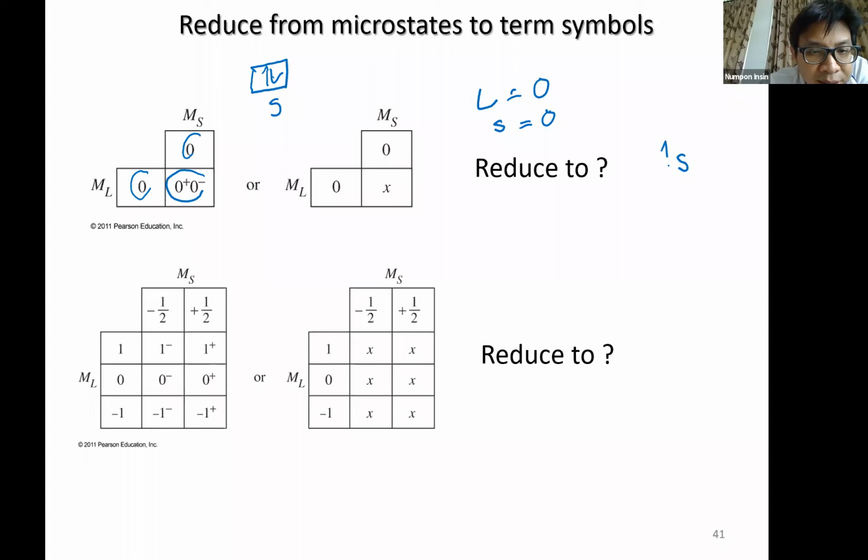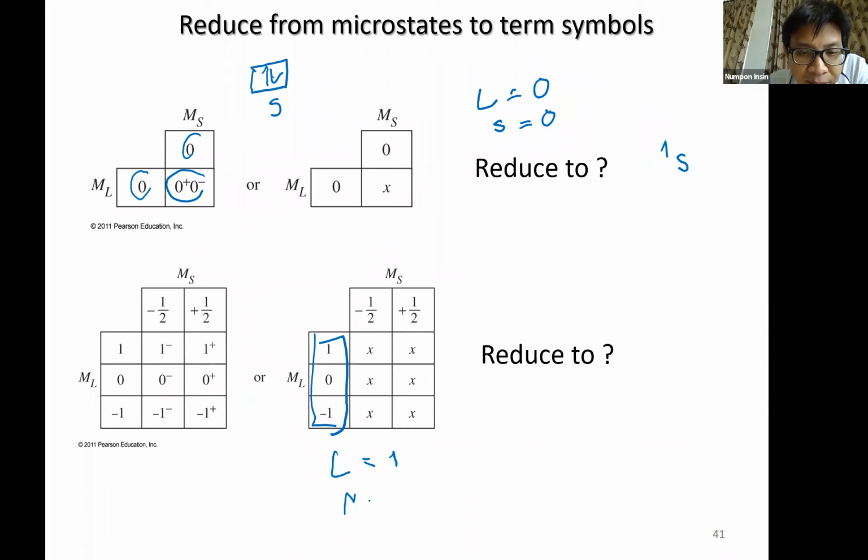Okay. Or the system that has a distribution like this. So you have 6 microstates together. This one has to come out from the big box, okay? You find the big table first, and then you take the largest rectangle out one by one. So if you take it out and it looks like this, L ranges from +1 to -1, so L equal to 1.